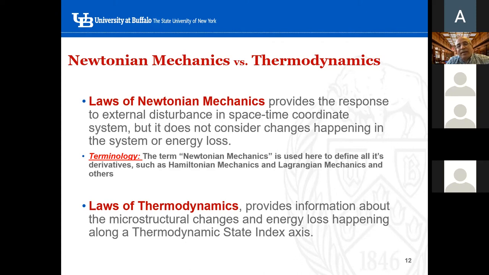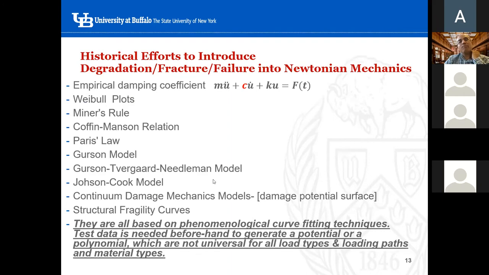And then laws of thermodynamics, which provide information about the microstructural changes and energy loss, degradation happening in the system along a thermodynamic state index axis. I'll explain what the thermodynamic state index axis is. Now, historically, when we do mechanics of materials, it is easy to use laws of Newton to model a material.